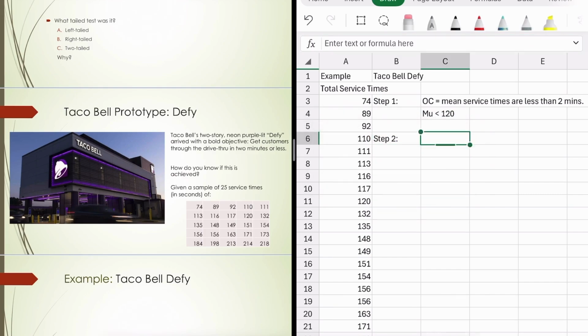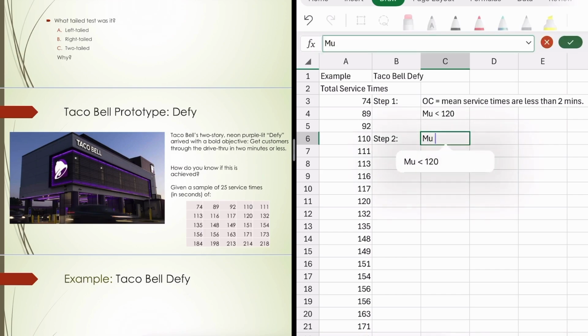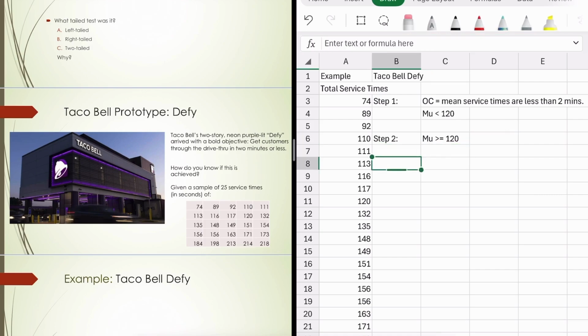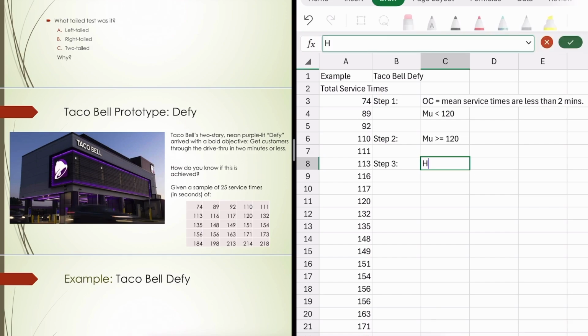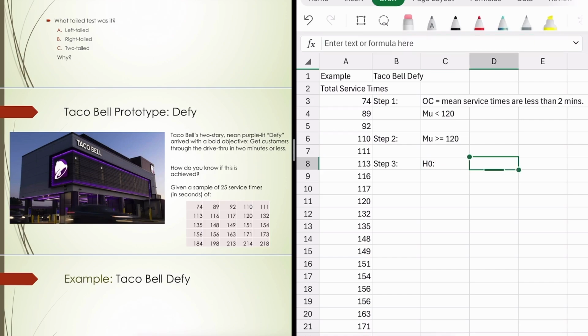Step 2, what's the opposite of that? Well, the opposite is mu greater than or equal to 120. There it is, written in symbolic notation. Step 3 is to determine my null and alternative hypothesis. H0, what is that going to be? Which one has equality?